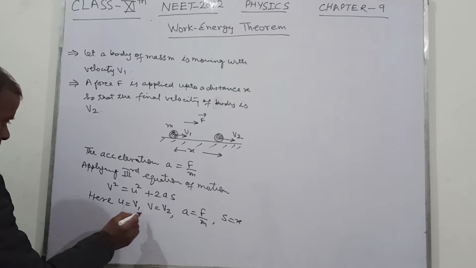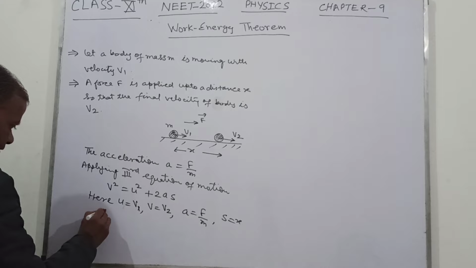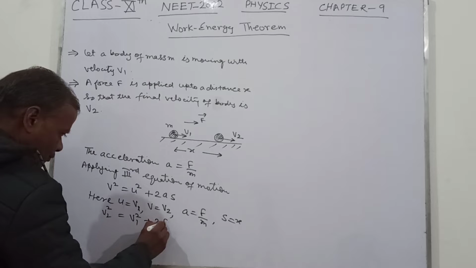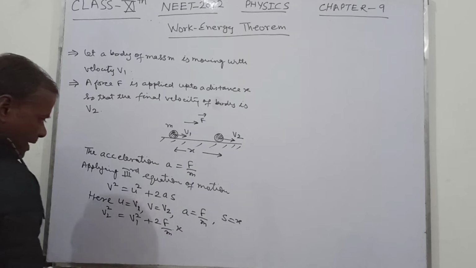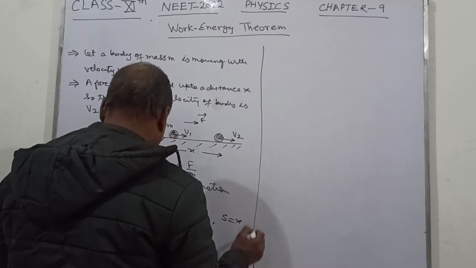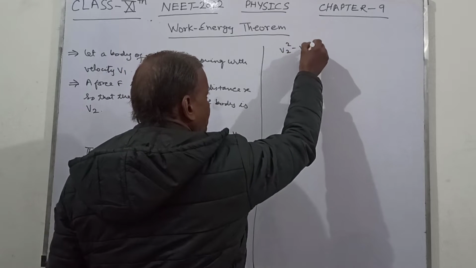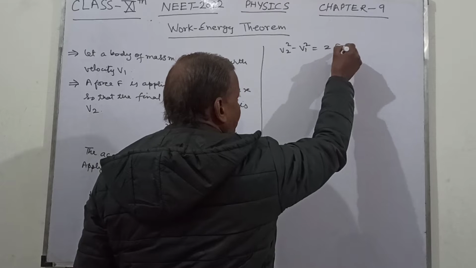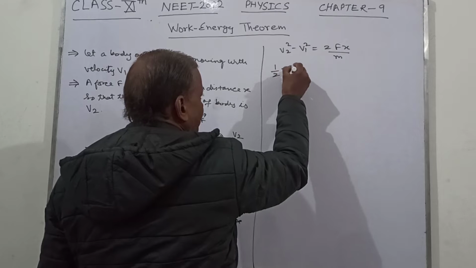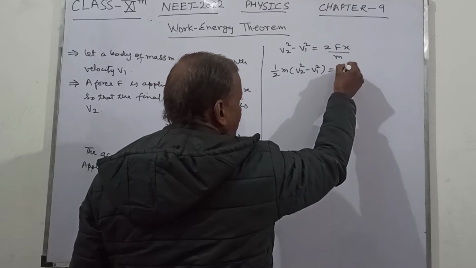So now if we put all these values here, then you will find that this is now your v2 square, this is now your v1 square plus 2F upon m into x. So this is your v2 square minus v1 square equal to 2Fx upon m, or this is half m into v2 square minus v1 square equal to Fx.